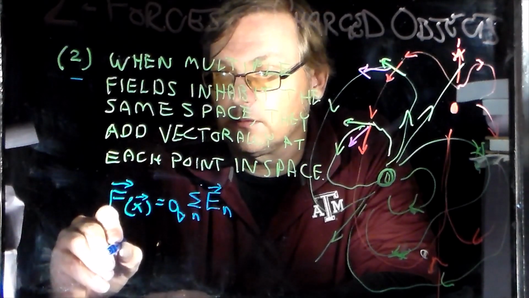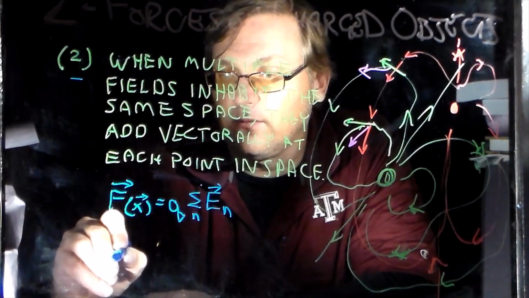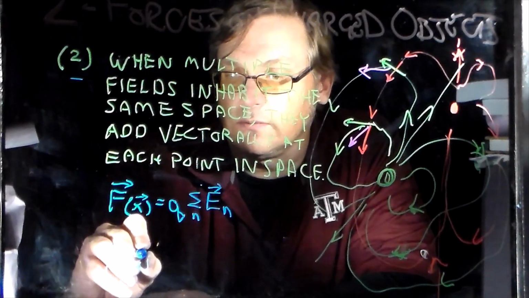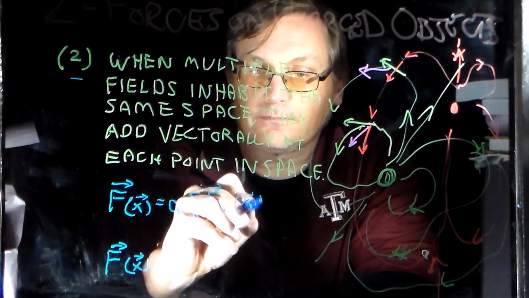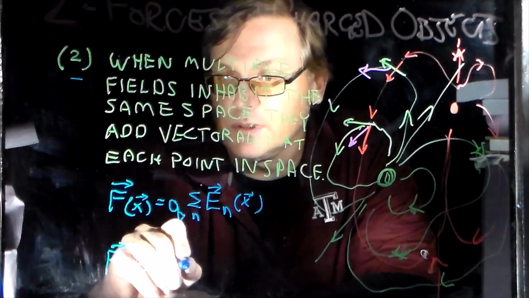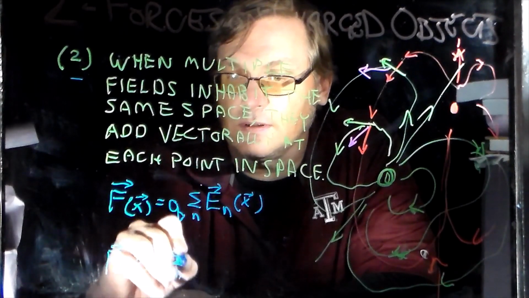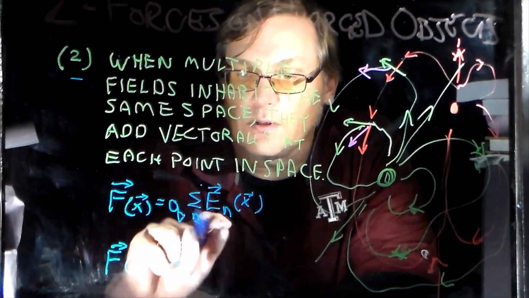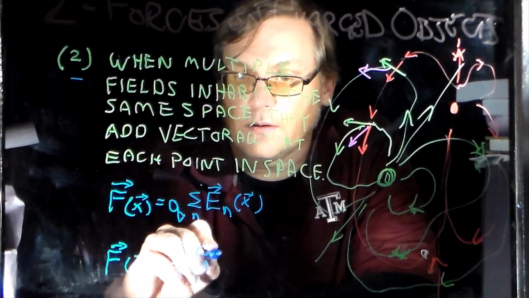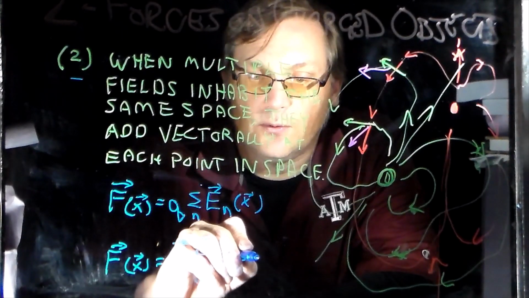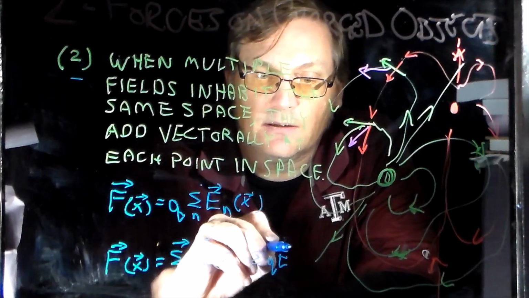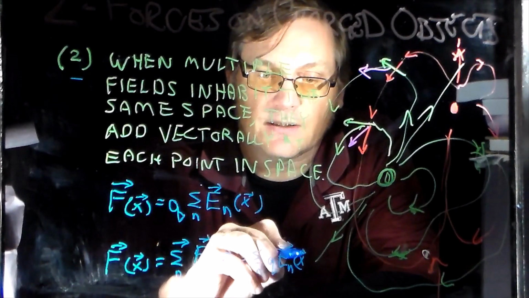Or the force at a point x, I should write x here, is equal to the sum of all of those forces, which is equal to the sum of Q times E for each one of those sources.